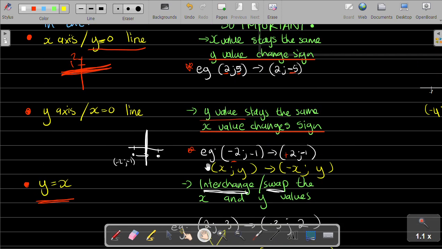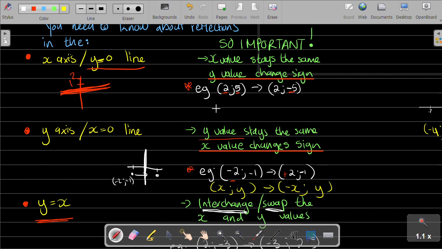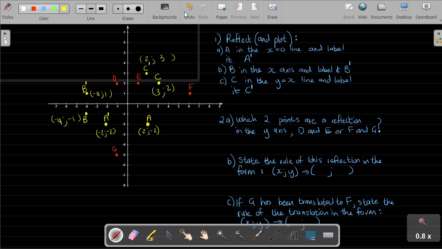For the x-axis, the x value stays the same and my y value changes sign. Okay, guys, please note that down. These are super, super important.